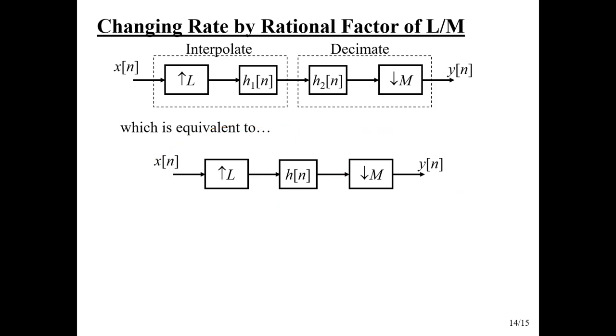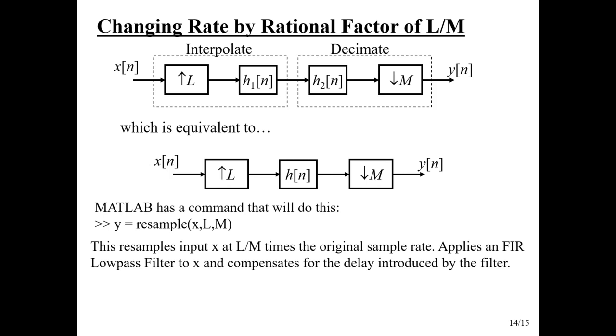And again, I'm sure MATLAB in some toolbox or other has the design for this kind of thing. I didn't look up the command for that. But it will implement this if you just tell it L and M here and shove a signal in. It has some default filters that it will apply.